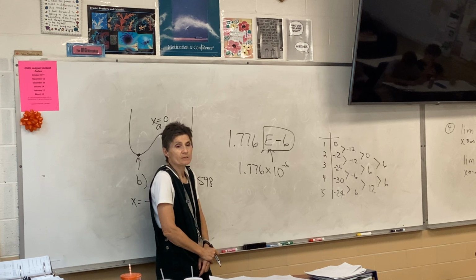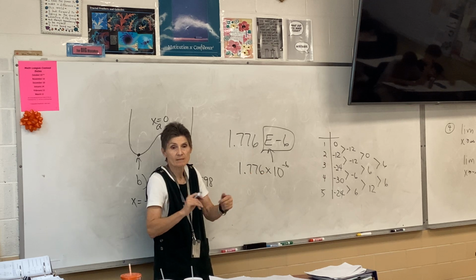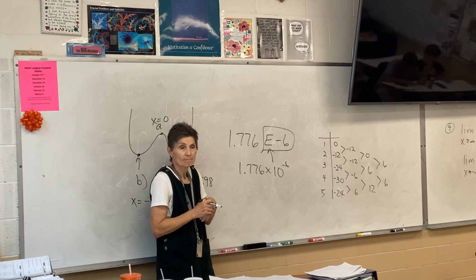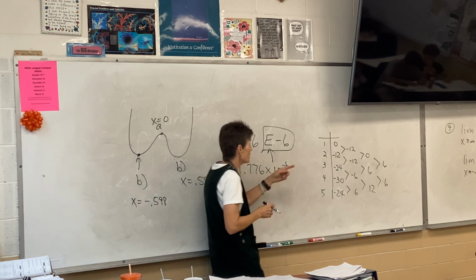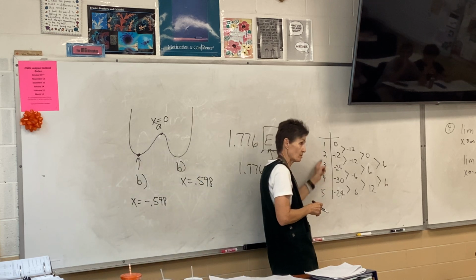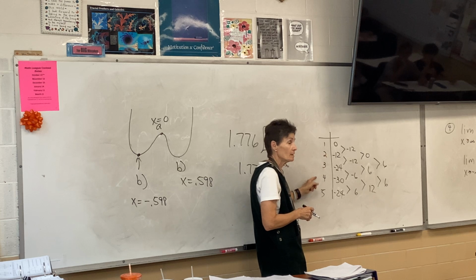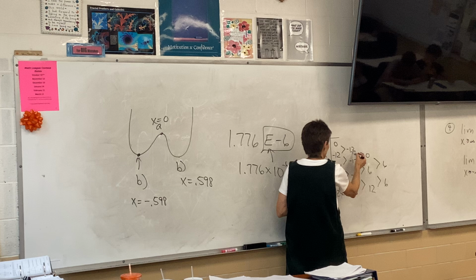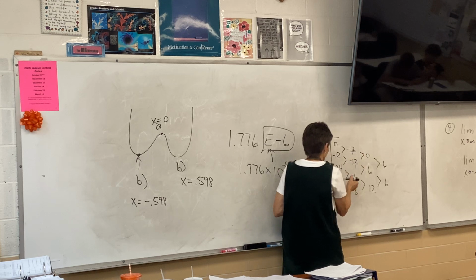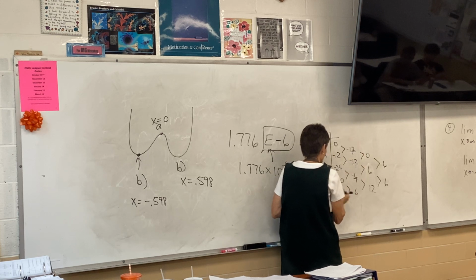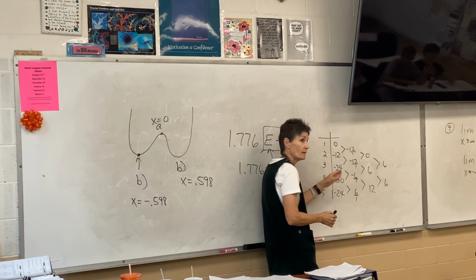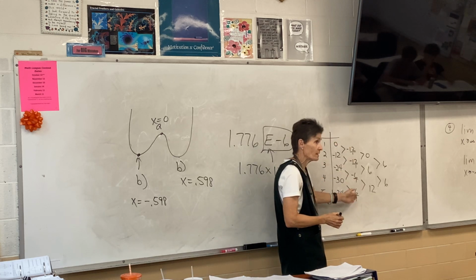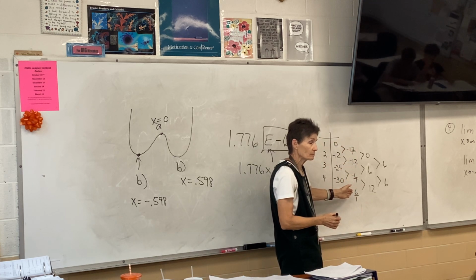I went ahead and just started finding differences. I found average rates of change. These are okay over here, this is good news, right? So the rate of change here would be negative 12 over 1, negative 12 over 1, negative 6 over 1, and 6 over 1. I literally want to see the rate of change, it's right there.